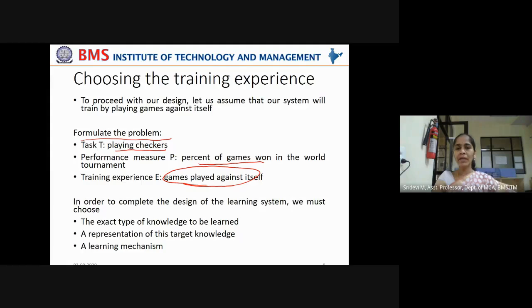In order to complete the design of the learning system, we must choose the exact type of knowledge to be learned, the representation of this target knowledge, and the learning mechanism. Say these are the sequence of moves resulting in this particular outcome, but how do you represent it mathematically?